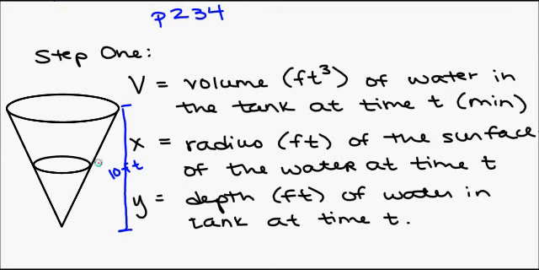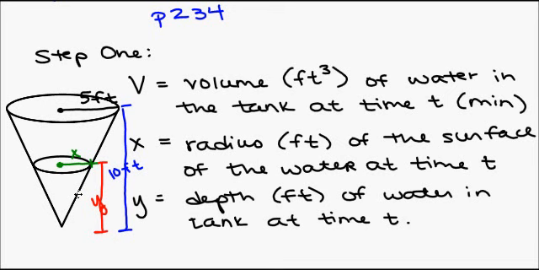I named my variable y, so if this shows the water depth, then this is y, which is my depth of water at time t. x is the radius of the surface of the water at time t, so this would be x right here, from the center outwards. And I also know that the entire tank has a radius of 5 feet.